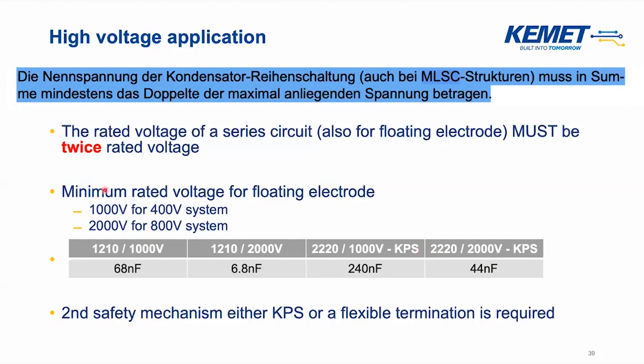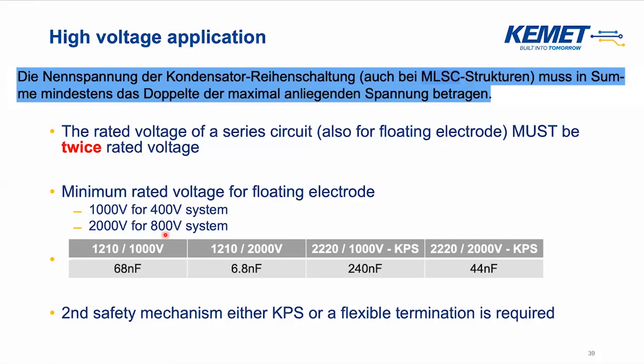In other words, for a minimum rated voltage for floating electrode in a 400 volt system, 2 times is 800 volts, so the next level will be 1000 volt. For the 800 volt system, times 2 is 1600, so the next available voltage class is 2000 volt. We're actually discussing 1500 volt right now because it gives you more capacitance, so fewer components and some savings, but to date that's the rule: 2000 volt for 800 volt, and 1000 volt rated parts for 400 volt systems.